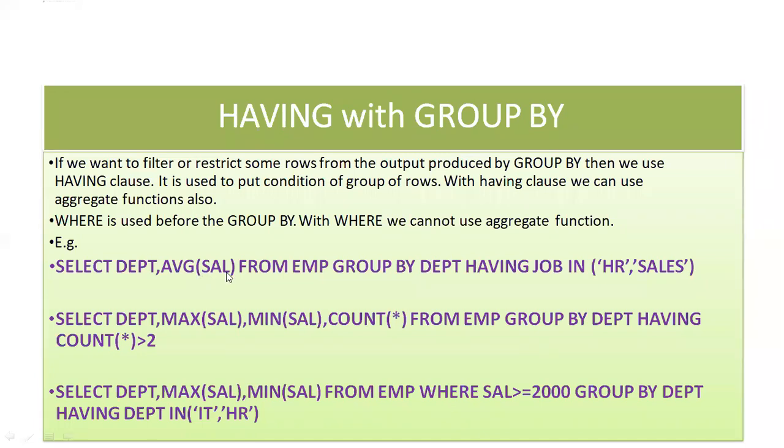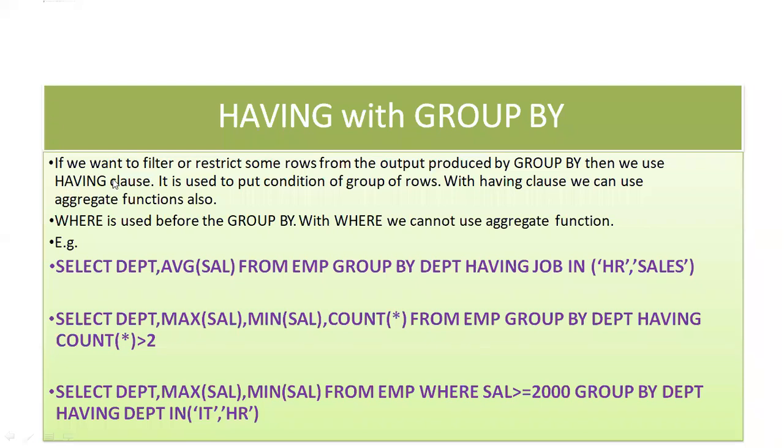Here is another clause, HAVING, used with GROUP BY. Both are used to group values, but HAVING is different from the GROUP BY clause. If we want to filter or restrict some rows from the output produced by GROUP BY, then we use the HAVING clause. It is used to put a condition.